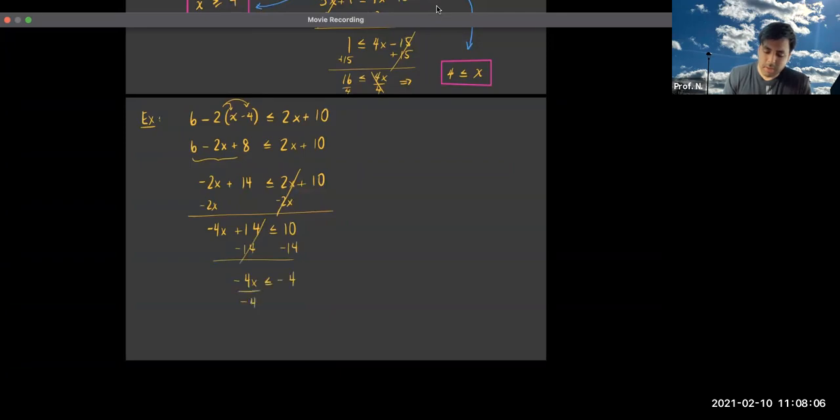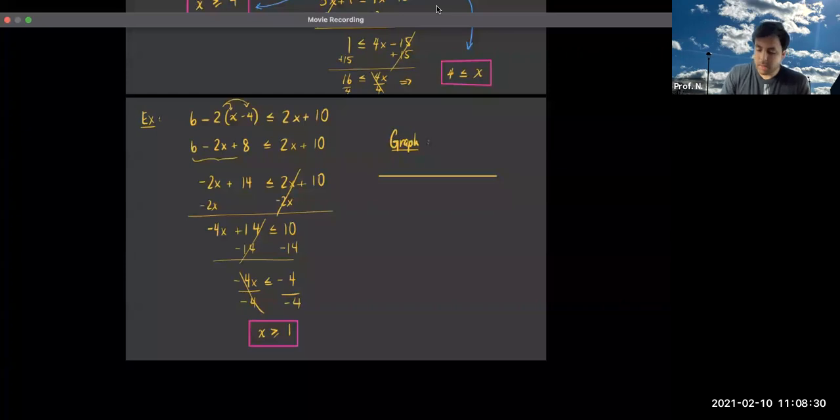Divide by negative 4, divide by negative 4. Remember, when you divide by a negative number in an inequality, you flip the sign, and this becomes positive 1. So x is greater than or equal to positive 1. Now, what would be the graph of this solution? Well, I'm just saying x is bigger than or equal to 1.